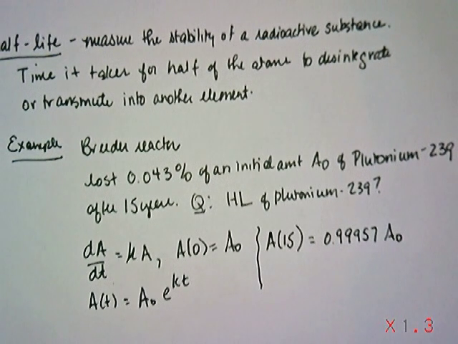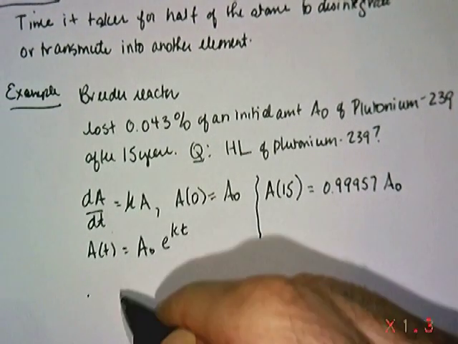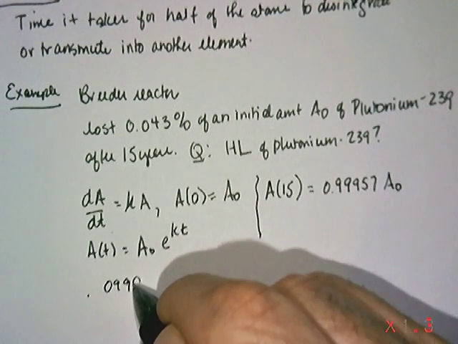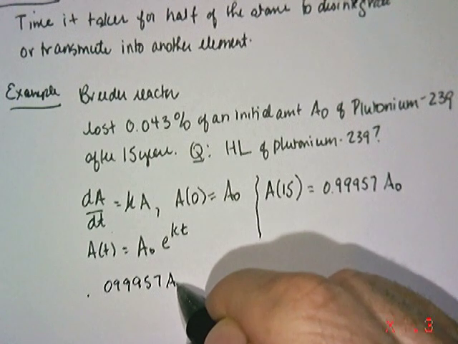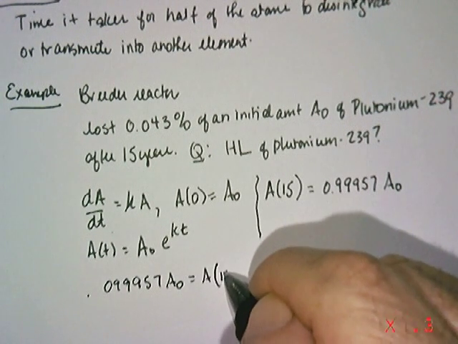That's just removing the 0.043% that you've lost. So that's another way of writing that condition. Now, using that information, that 0.99957 A0 is the amount we have after 15 years.